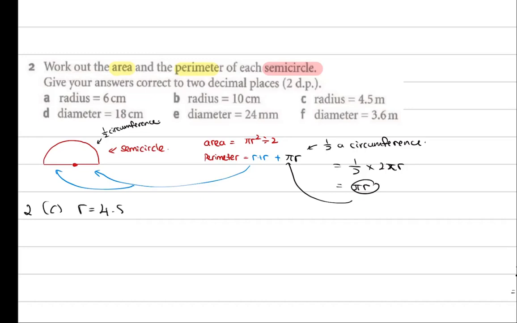Right. Continue. Question C. Radius is 4.5. Area is pi 4.5 squared divided by 2.